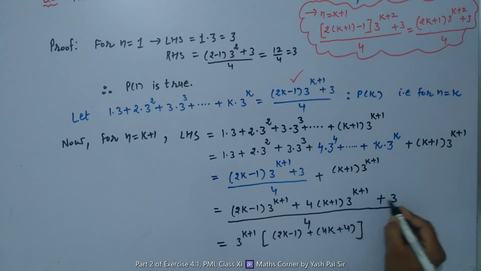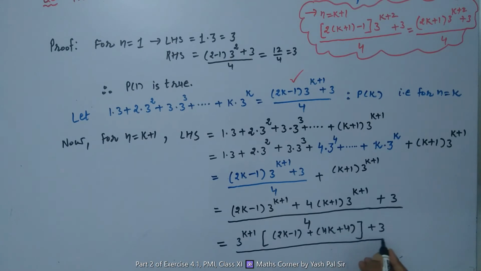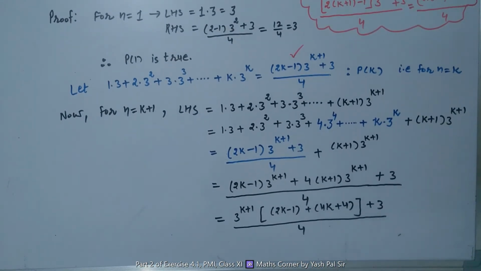So outside the bracket, this is plus 3 whole divide 4. So next we write this equal to 3 power k plus 1 into 2k plus 4k, 6k minus 1 plus 4, that means plus 3 plus 3, last whole divide 4.